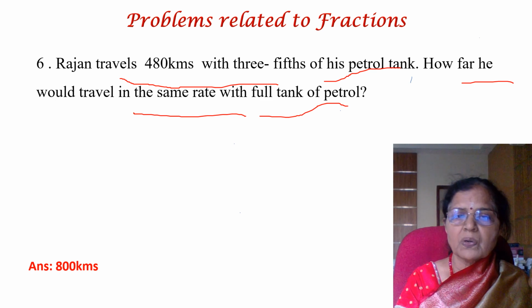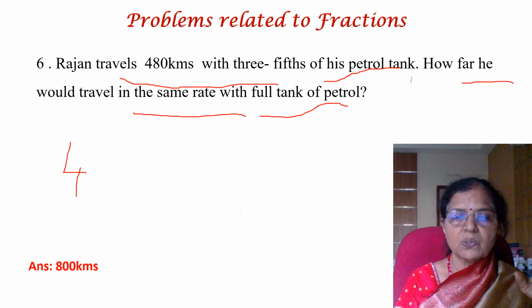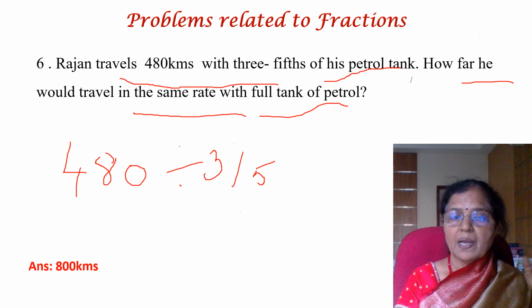Now, for 3/5 of the tank, he can travel 480 kilometers. So 480, you should divide it by 3 by 5. So this is a compound fraction. A number on the numerator divided by the denominator, you have a fraction 3 by 5.